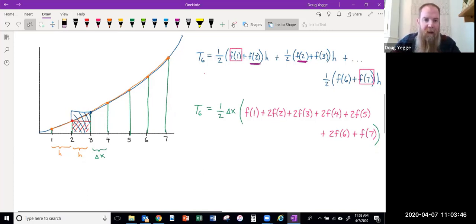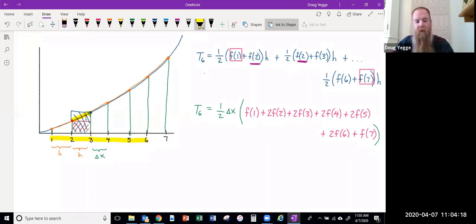So if I were to now just take the endpoints and connect them, notice that I'm basically taking the average between the lower estimate and the higher estimate, which is why the trapezoidal rule is actually just nothing more than the average between the left endpoints and right endpoints. But notice in left-hand endpoints, I'm only using these values.